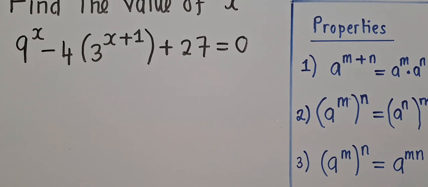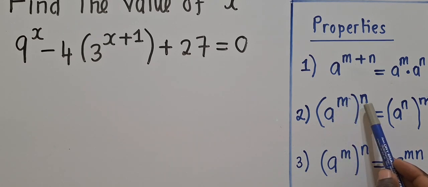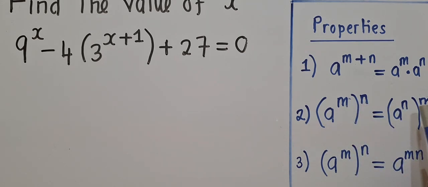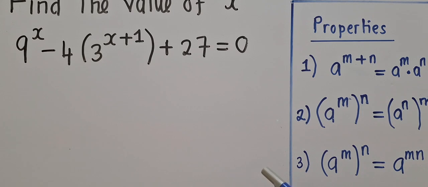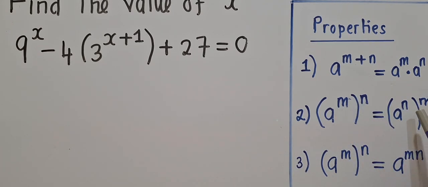So the next property, property 2 and property 3. For property 2, what it means is that when you have got a power raised to a power, these two things can be switched. So you've seen the way I've switched, and this is called commutative. You can switch them for as long as you are multiplying.